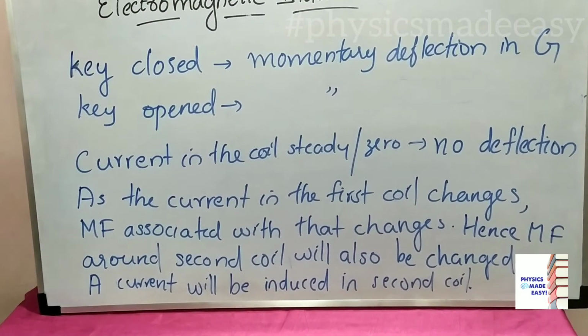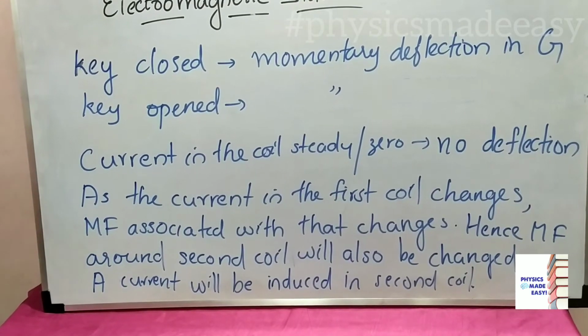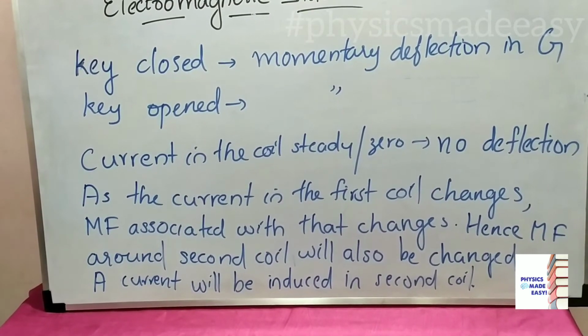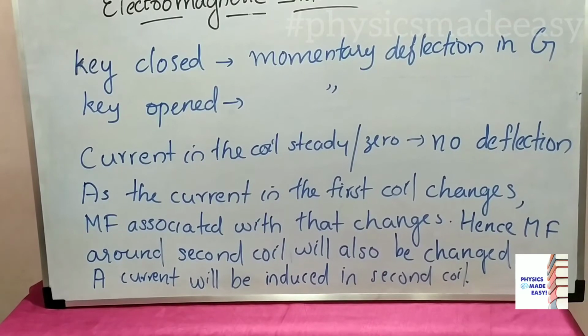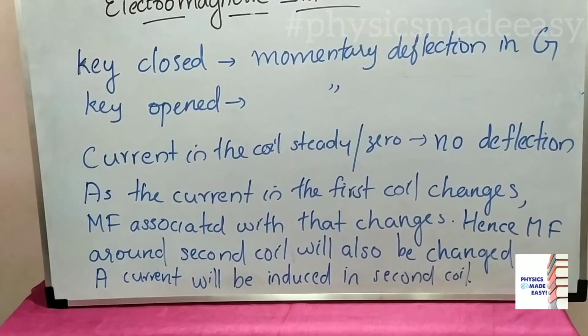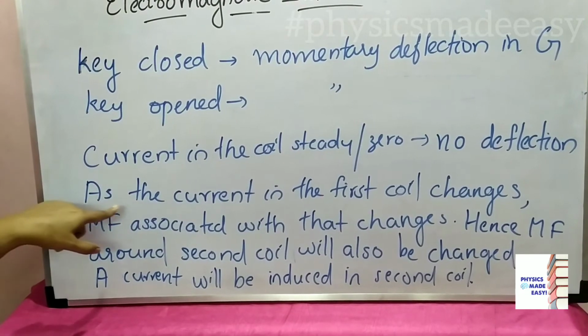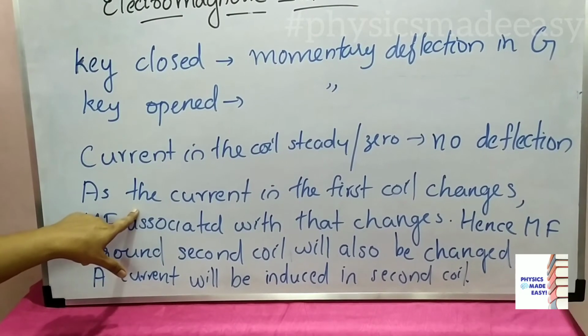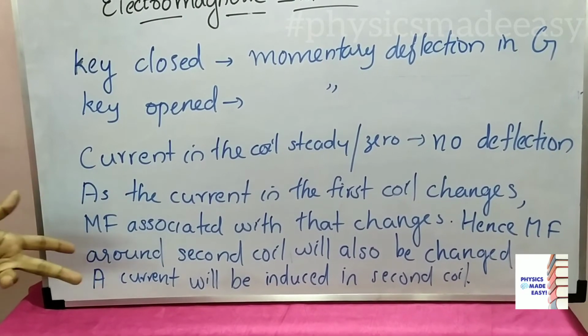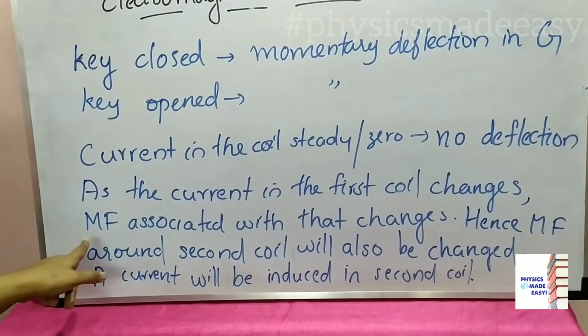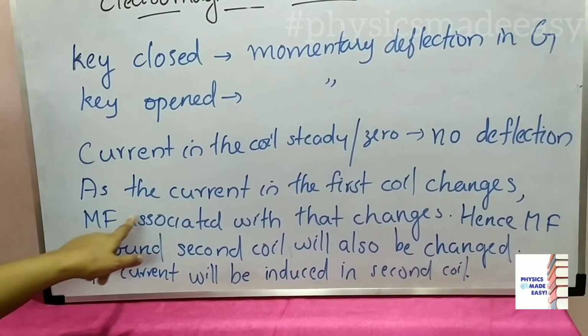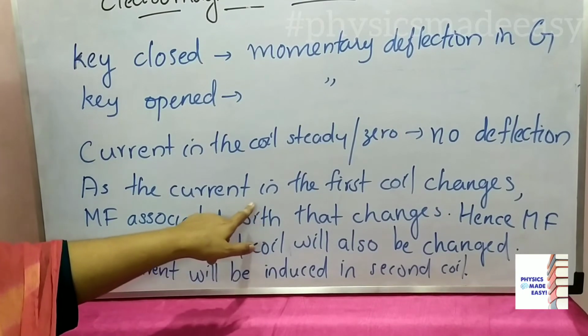From this we can say if there is a change in current in that first coil, you can see a deflection in that galvanometer which is connected to the secondary coil. As the current in the first coil changes, maybe stopped or started, the magnetic field associated with it changes.